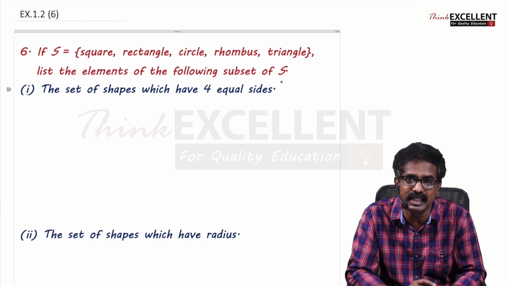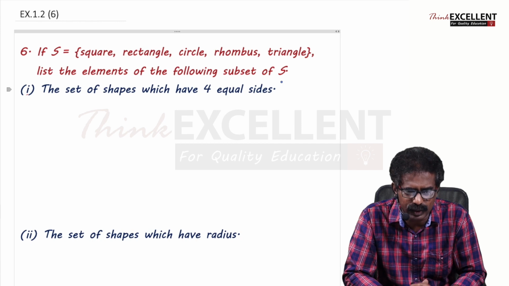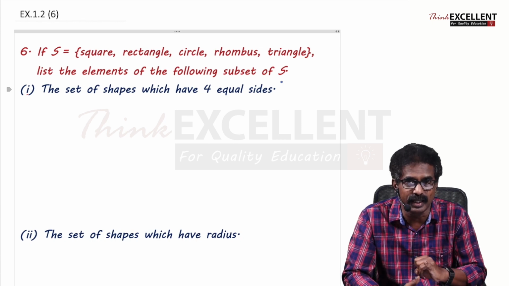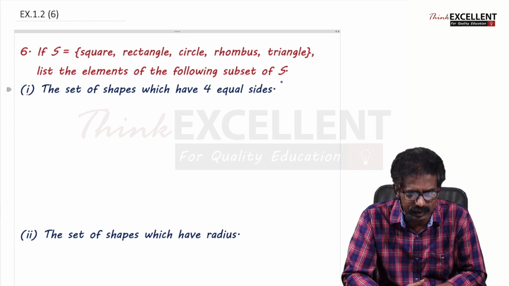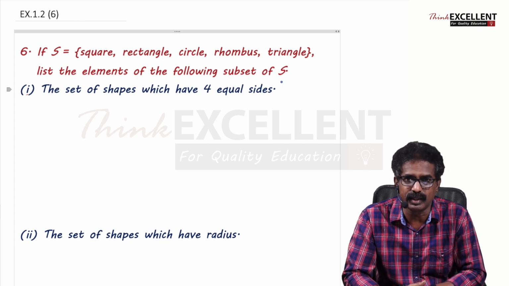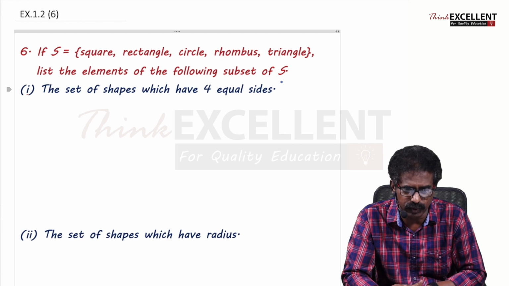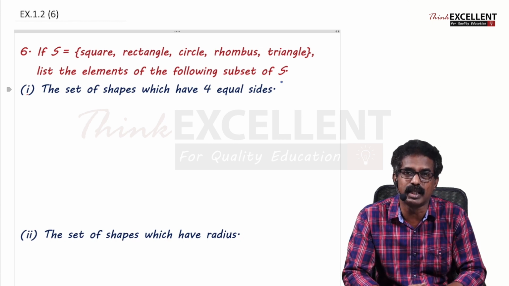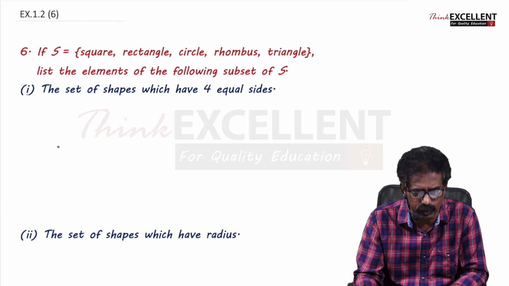Only from the given list you have to take. Square you can take because 4 sides are equal. Rectangle you cannot take, only the opposite sides are equal, not all four. Rhombus, yes. In rhombus also all four sides are equal. So your answer, you write it as a set: square and rhombus.